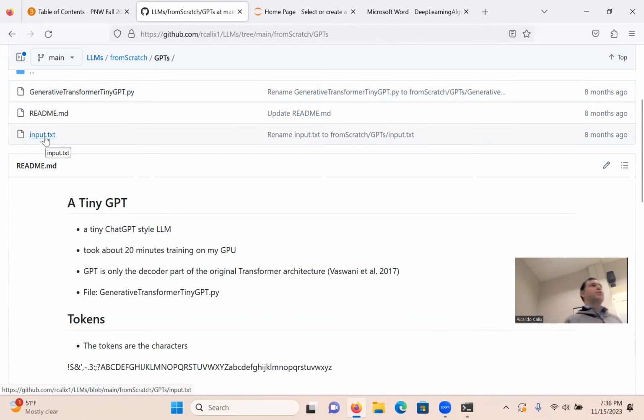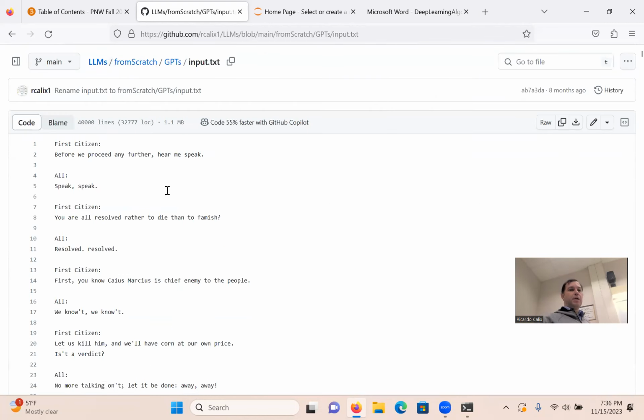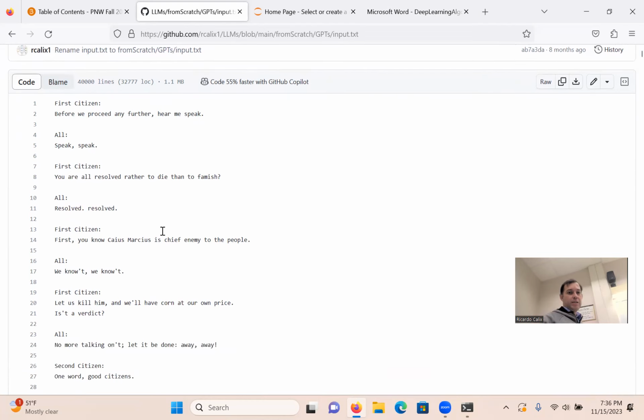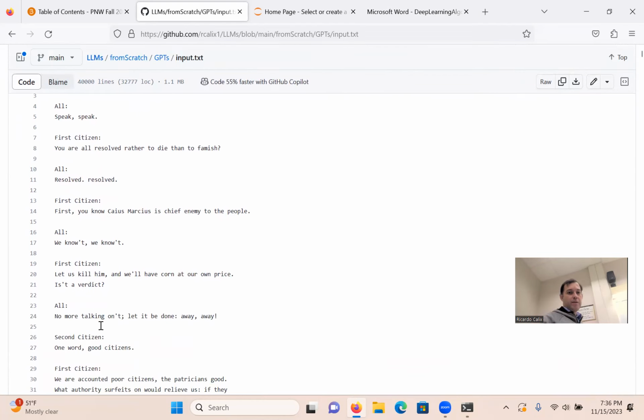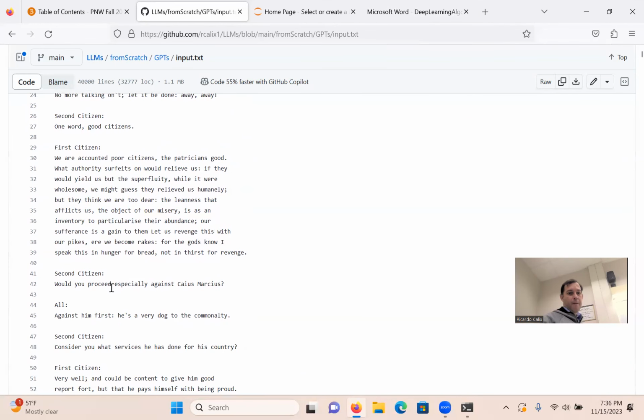And this input file is the training data. If I click on it, it should basically be Shakespeare. So, first citizen: before we proceed any further, hear me speak. Speak. And then let's see, where does it sound like Shakespeare?